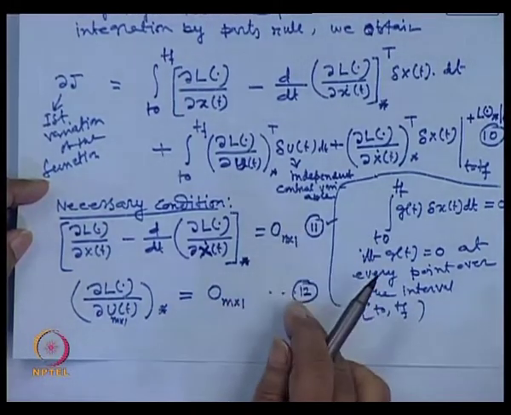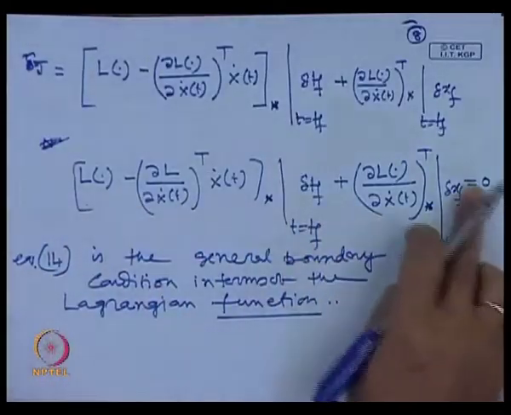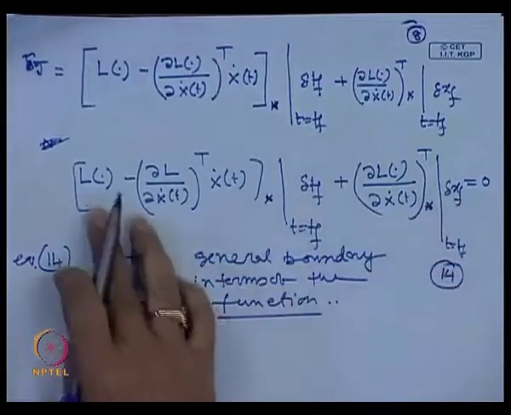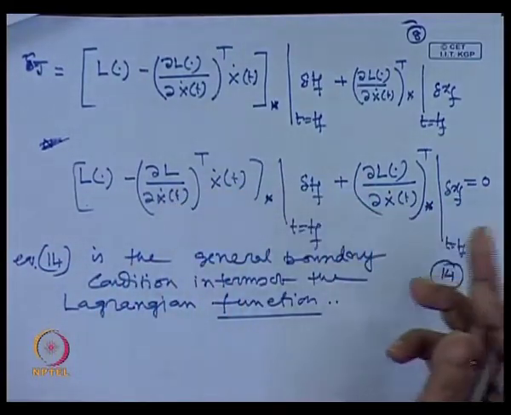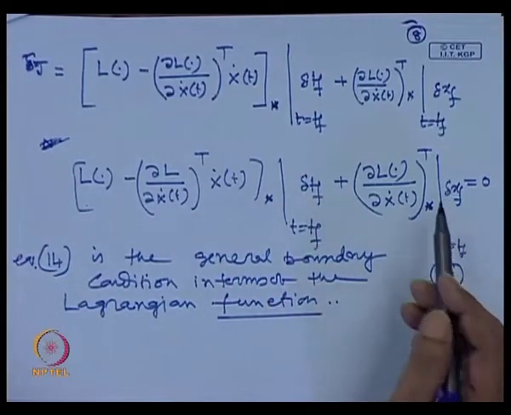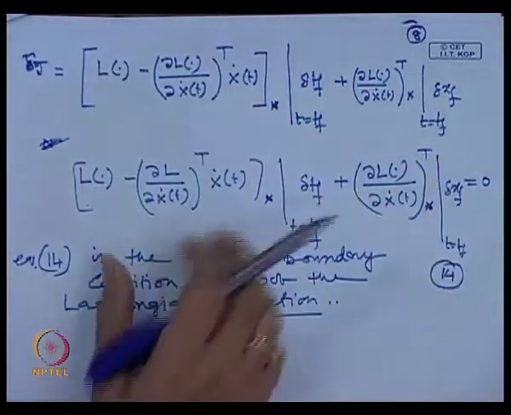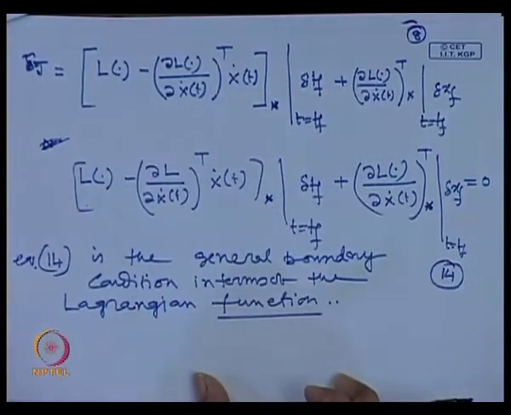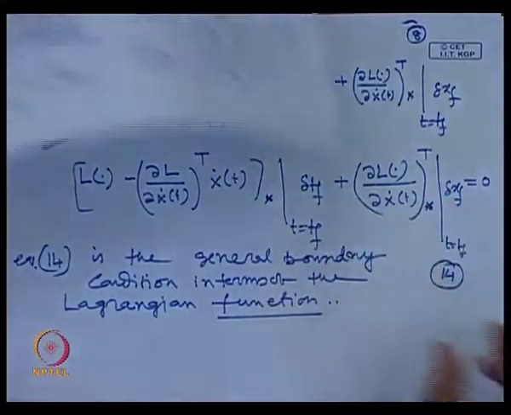You solve this equation using the boundary condition of that one, and this boundary condition, if the final point, that means time is free, the x of T f is also free, then you have to assume two boundary conditions you will get, this equal to 0, this equal to 0, agree.